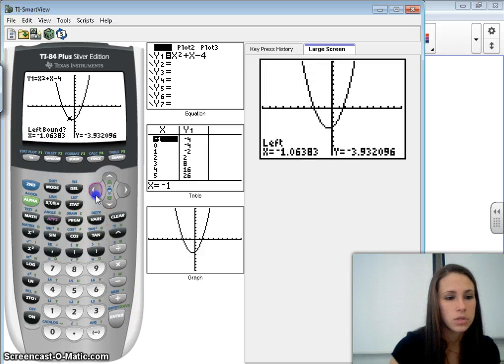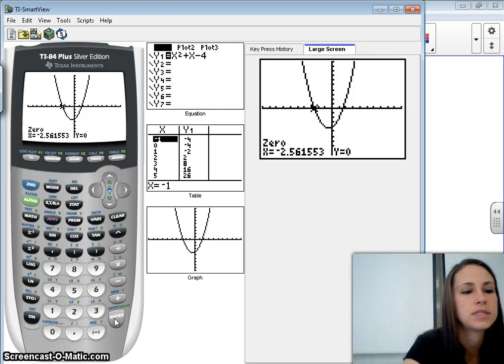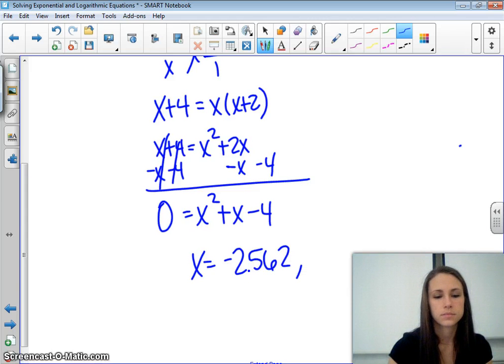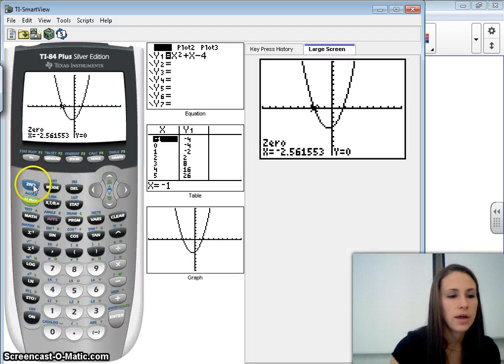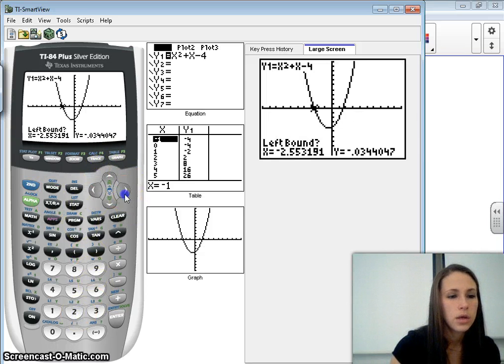Then go to the left of this first 0, go to the right. My first 0 is negative 2.562. So x equals negative 2.562. And if I go find my second one, I'm going to go second 0, go to the left.